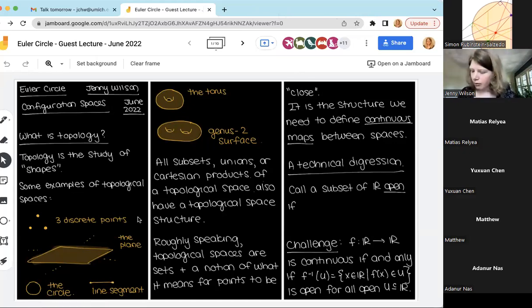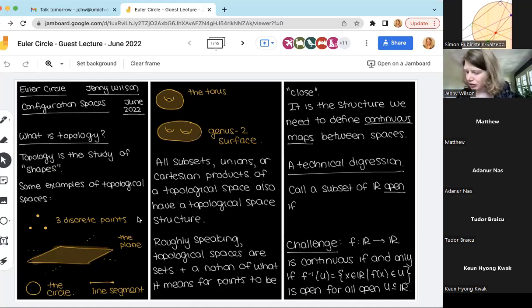Okay, so opening question, what is topology? And very broadly speaking, topology is the mathematical field that studies shapes. So I'll hopefully narrow in a little bit more on what I mean by the word shapes, but let's start by looking at a few examples.